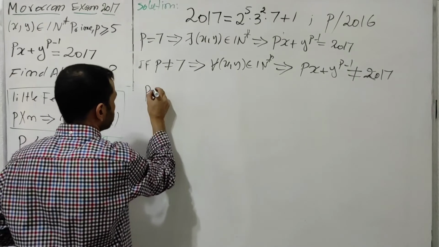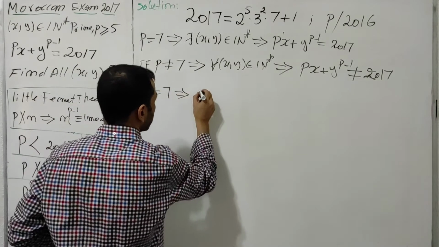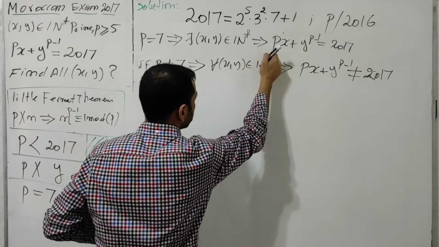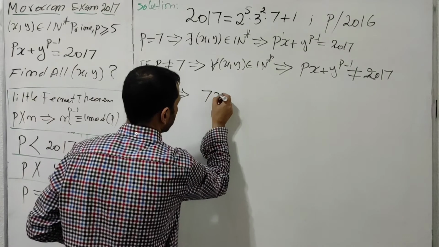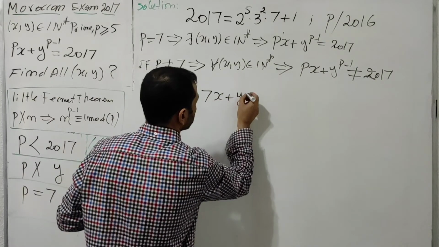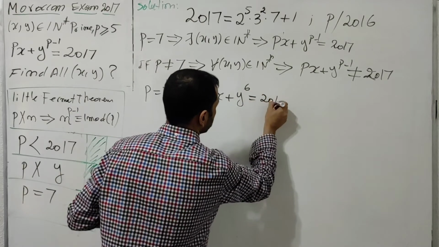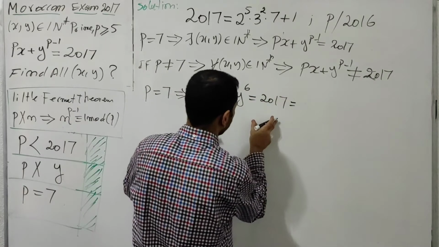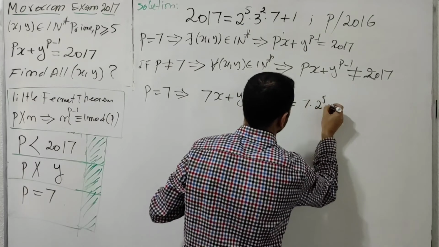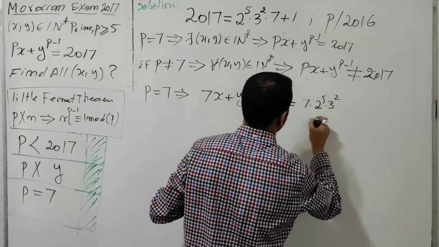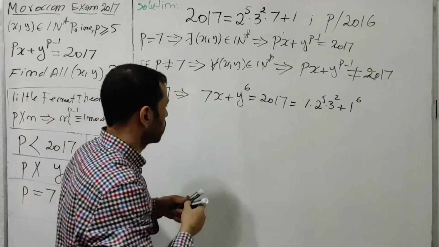So p equals 7, and I'm going to replace p with its value: 7x plus y^6 equals 2017. If you take a look carefully, this equals 7 multiplied by 2^5 multiplied by 3^2, plus 1^6.